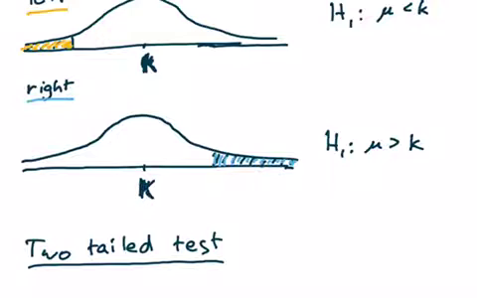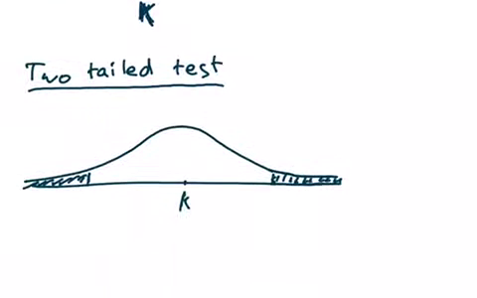All right, so in a two-tailed test, we would be saying, of course, H subscript 0 is stating mu is equal to k, right? And our alternative hypothesis, H subscript 1, in this case would state simply mu is not equal to k.